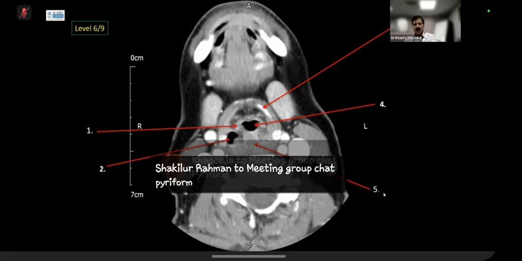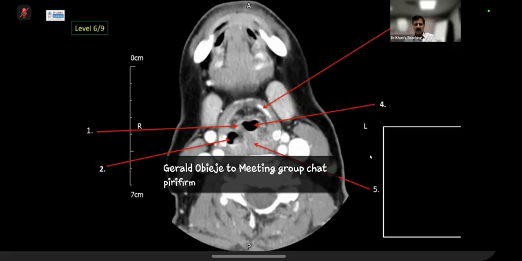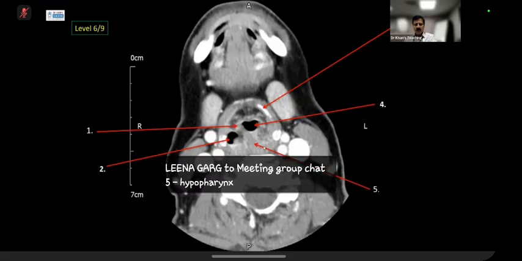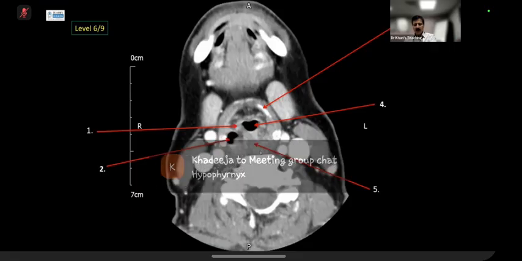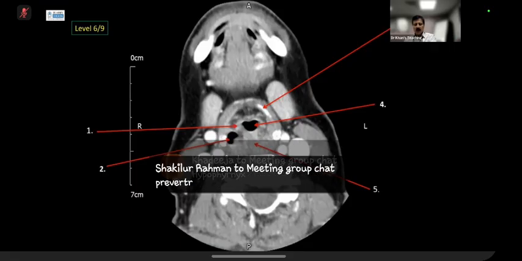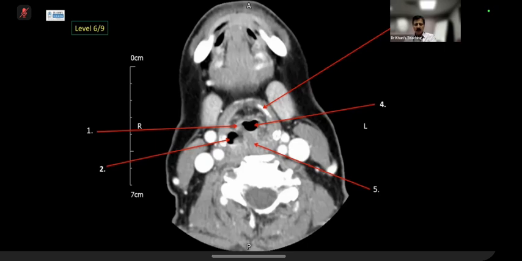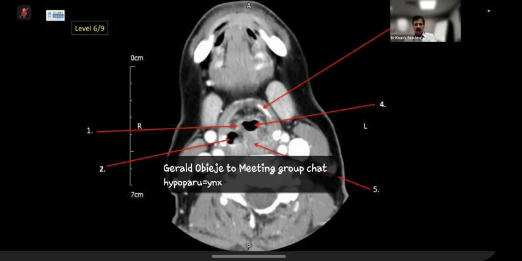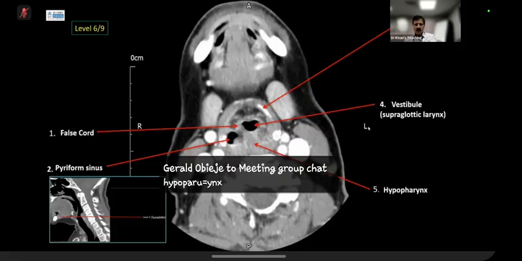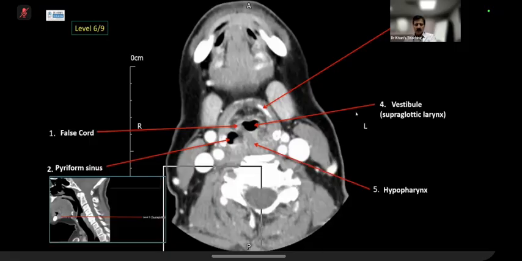Number five, collapsed. It is collapsed here. The esophagus cannot be at this position. The esophagus will be post-cricoid, right? So these are the answers. So this was the vestibule, and this is the supraglottic larynx, and this is the false cord, piriform sinus.